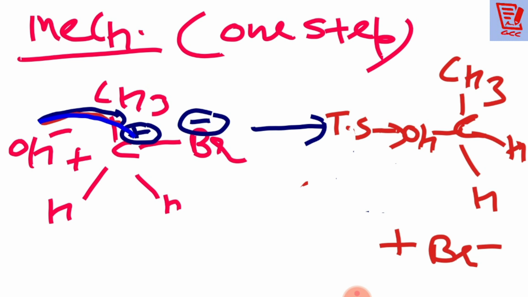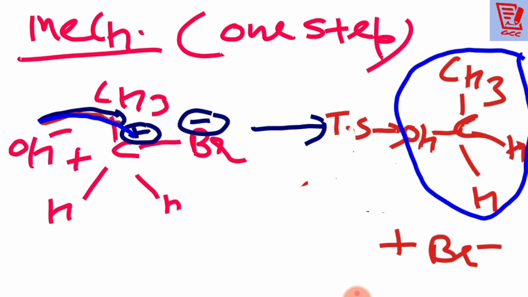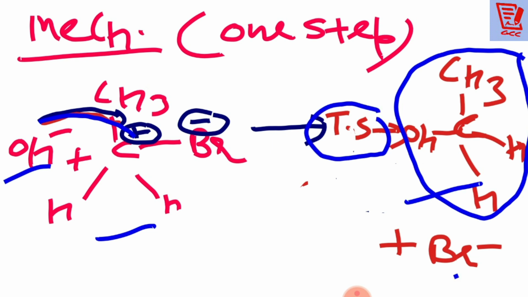Are you getting my point? That I will tell you later on. But you understood this mechanism. It's one step only. First alkyl halide and OH negative, then we get a transition state, then the final product and Br negative. Clear?